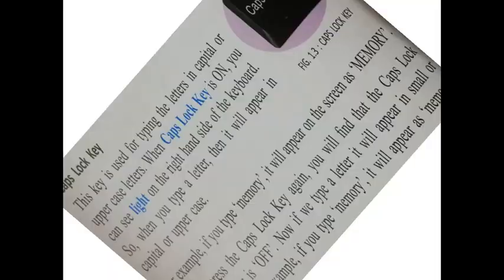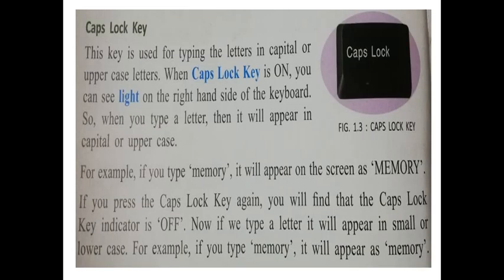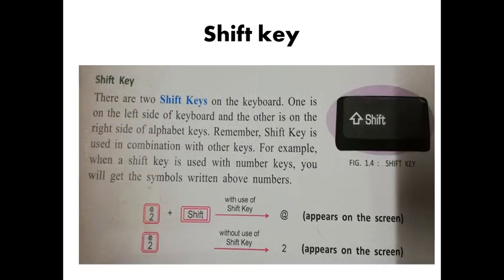Okay. So now which key will we come to? Yes, now the shift key. We use the shift key every time also. If you press caps lock, it stays permanently in capital or small until you press it again.